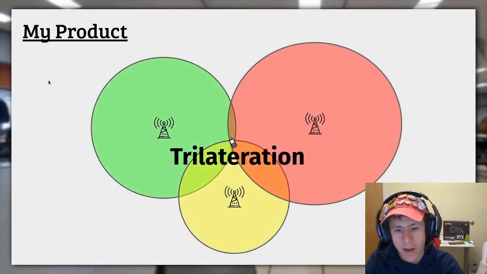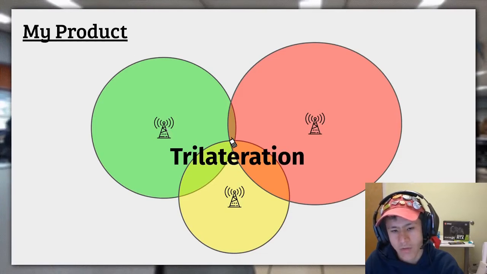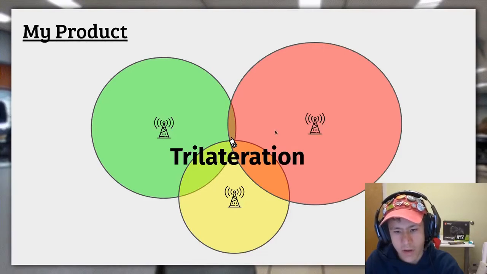The mathematical process that allows this location to happen is called trilateration. Trilateration, as you can see by this diagram, is actually a rather simple concept in essence. It involves having three different wireless radios and an estimated distance from each one of the radios. This estimated distance can be determined through the signal strength of a signal coming from a mobile device.